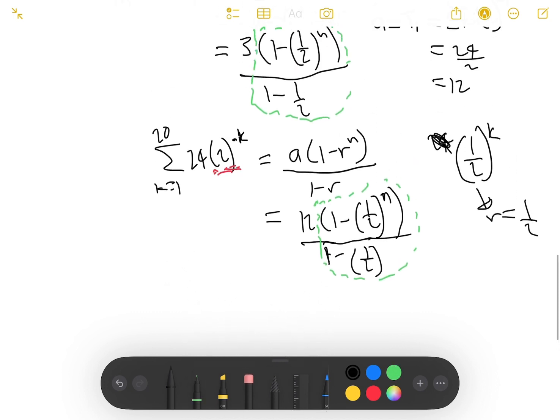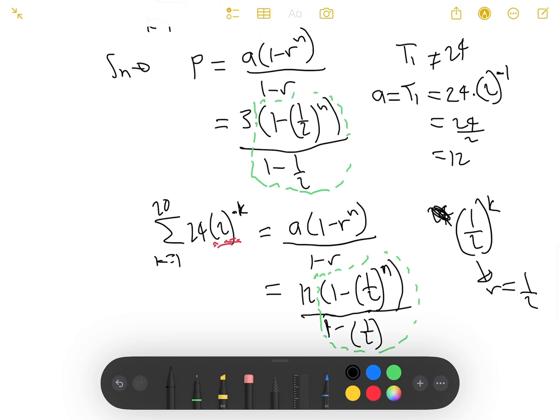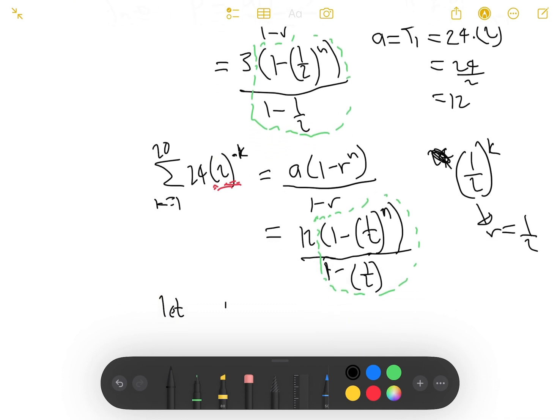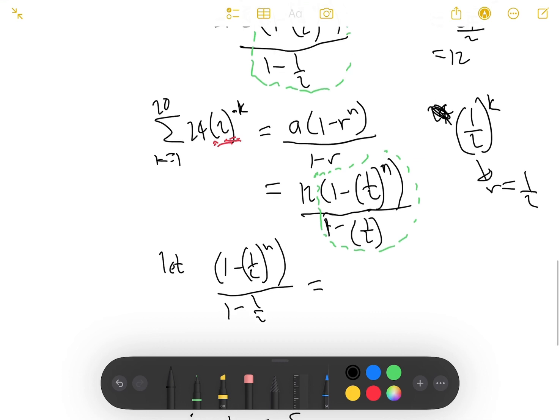Okay, so let's go back to this one, or maybe to both of them, 1 minus half to the exponent n over 1 minus half, and let's let this be equals to x.